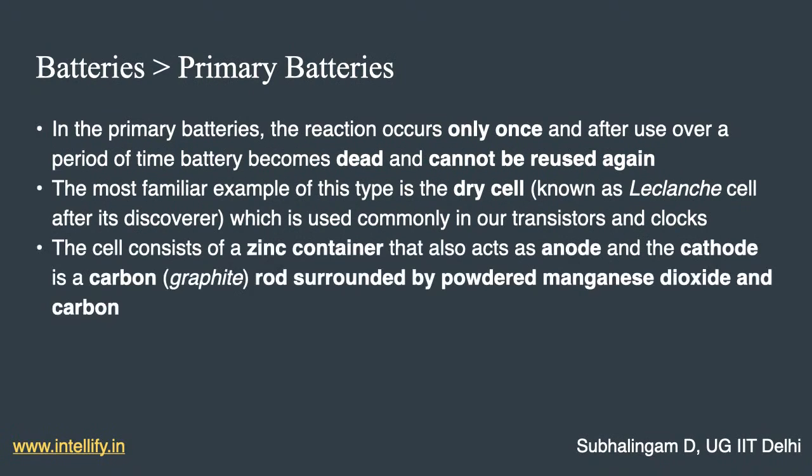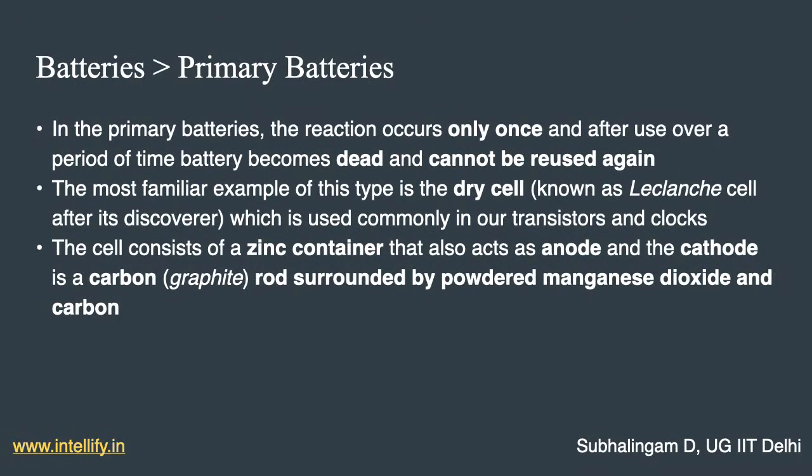This cell consists of a zinc container that also acts as anode, and the cathode is a carbon rod surrounded by powdered manganese dioxide and carbon. By the way, when you are reading these batteries, you have to know what the cathode is, what the anode is, what's the electrolyte, and what are the cell half reactions and the overall reaction.